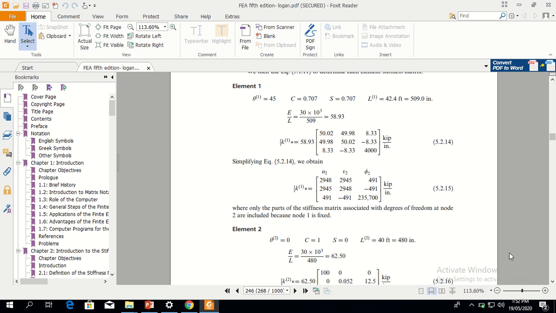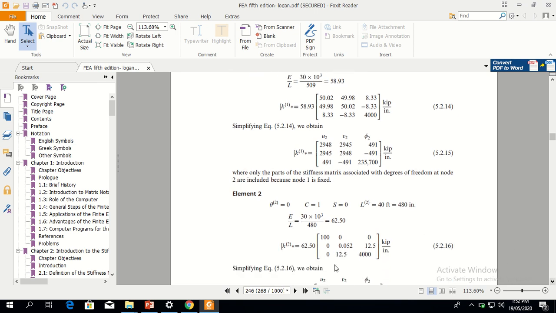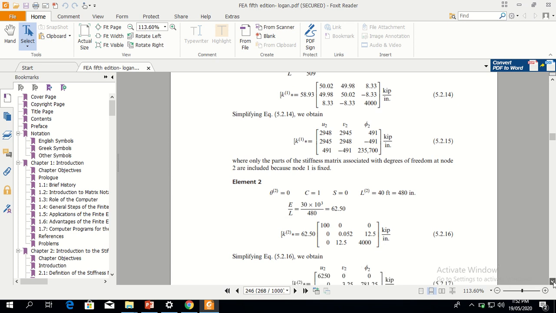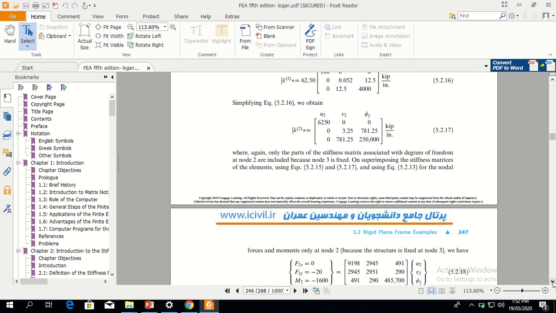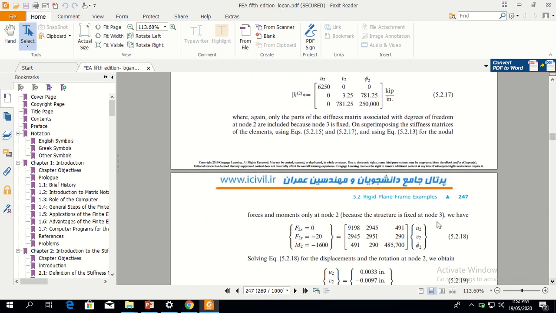Length is given and you will find the local stiffness matrix for element 2. Then we will add these two matrices K1 and K2 to form global stiffness matrix, and then we will apply the forces and boundary conditions.